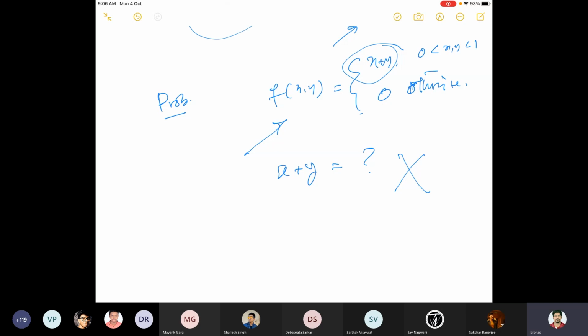Let's say some company produces calculators, or some company produces mobiles, and there is a battery.